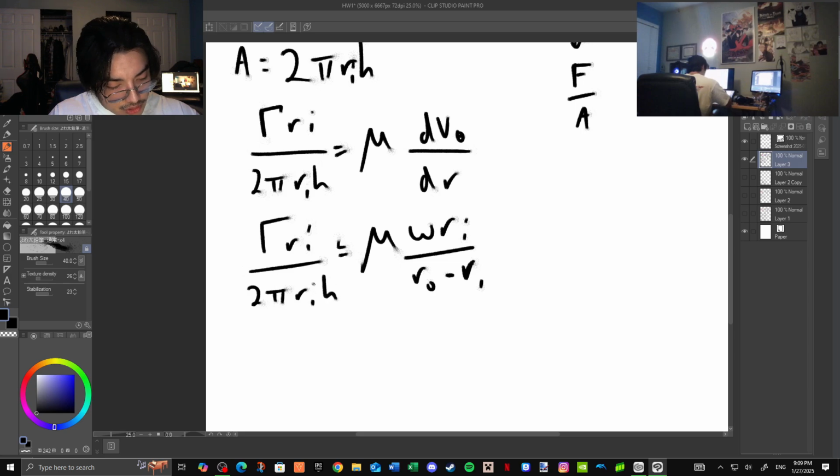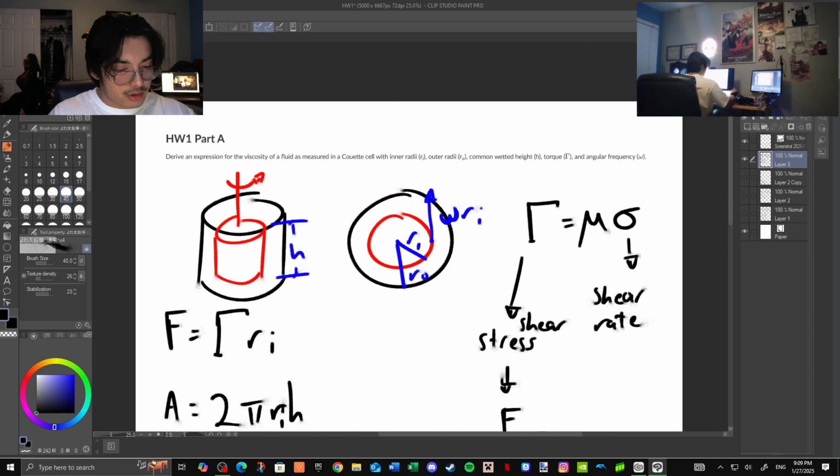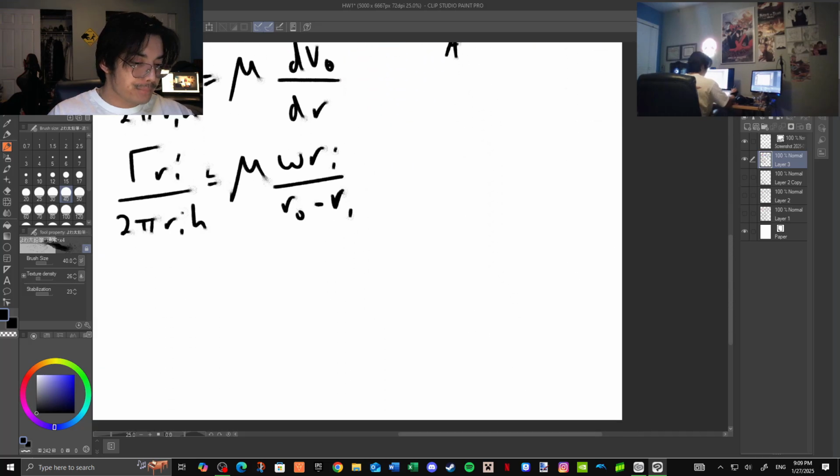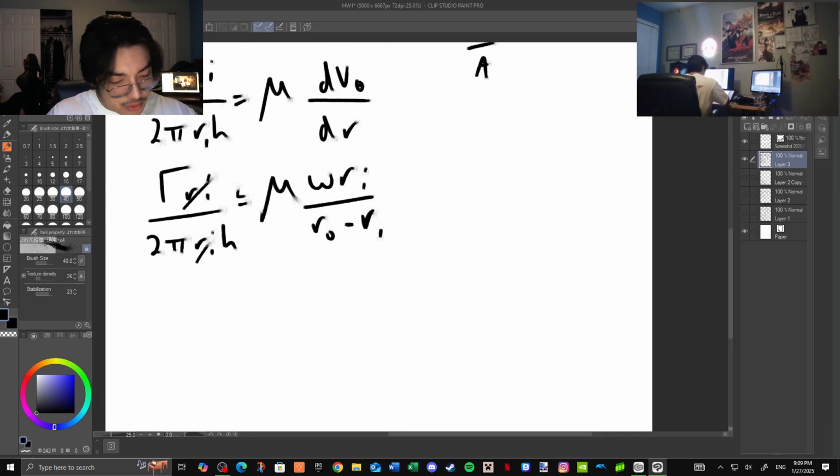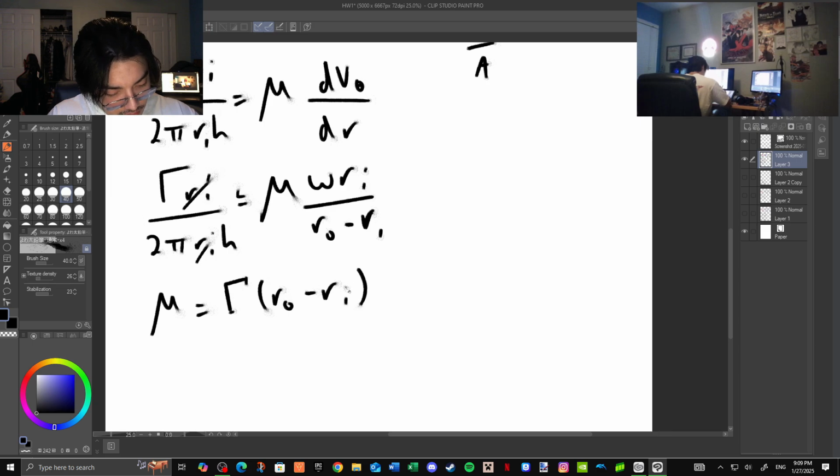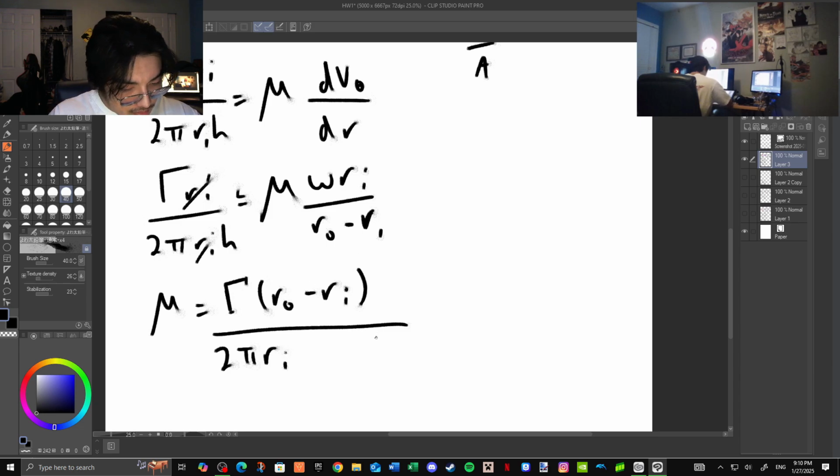At this point we can just rearrange the equation to find the viscosity. So first we can cancel those two, then I'm just going to write viscosity right here, multiply both sides by r outer minus r inner. So we got that done. We can also divide both sides by omega Ri.